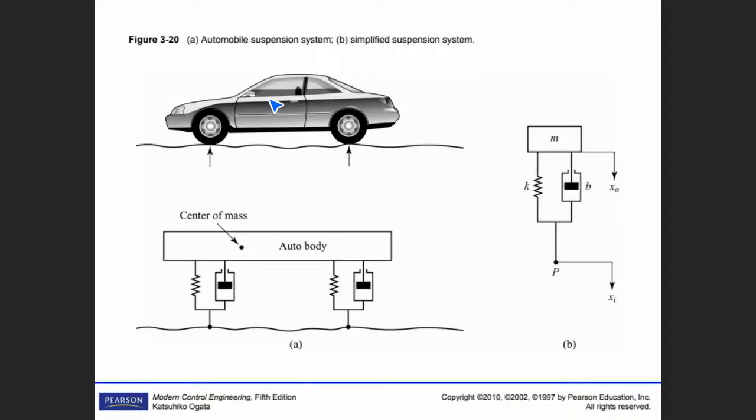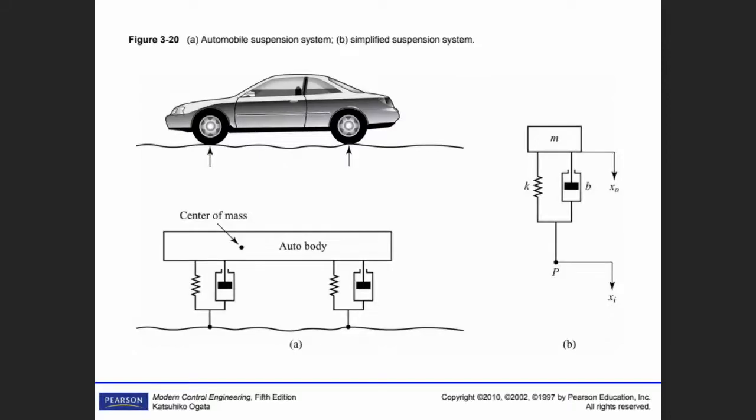So any person who sits inside the car will see the position change of the body. X output is the body, okay, but it's a single tire.